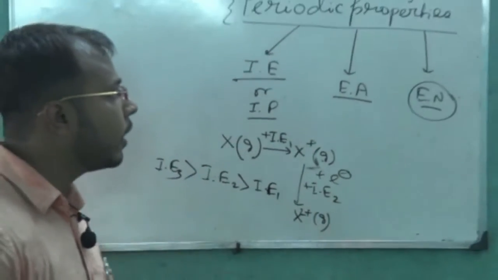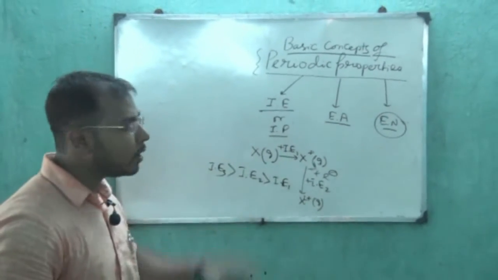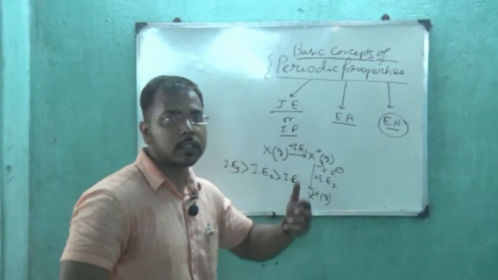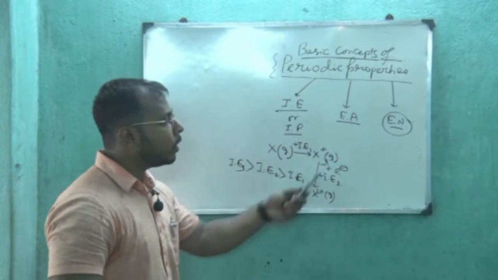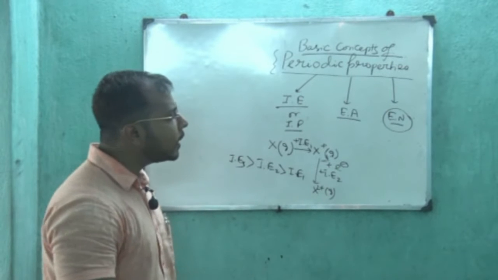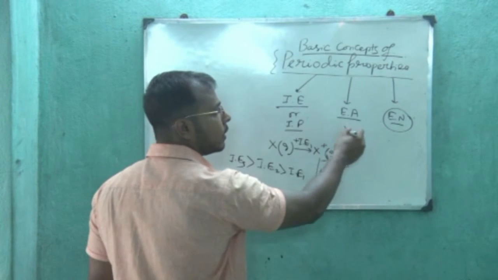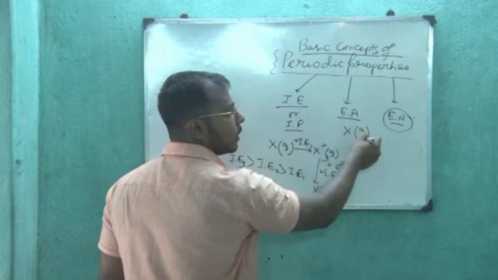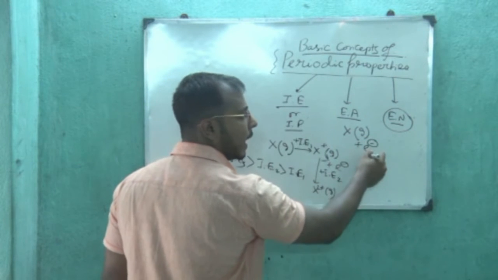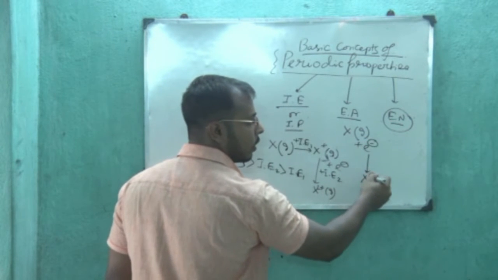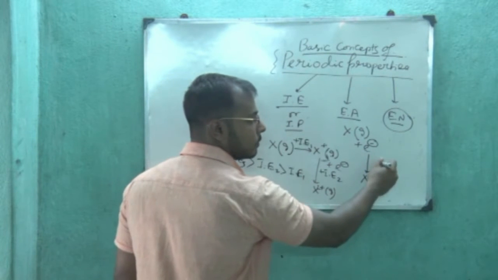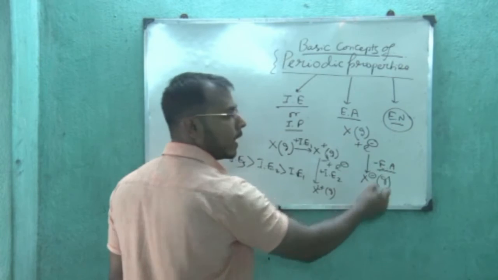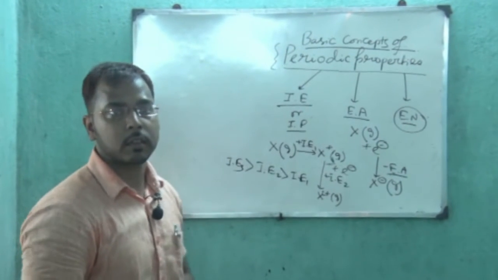So this is all about ionization energy and ionization potential. Metals will have low ionization energy, non-metals will have high ionization energy. Now electron affinity. Electron affinity is the reverse process. If X gains one electron, then energy will be released.